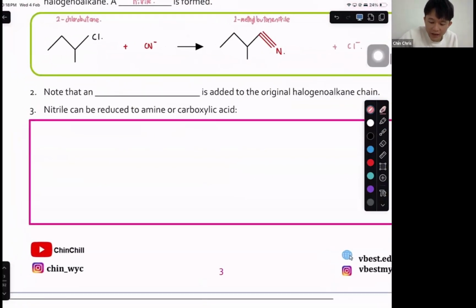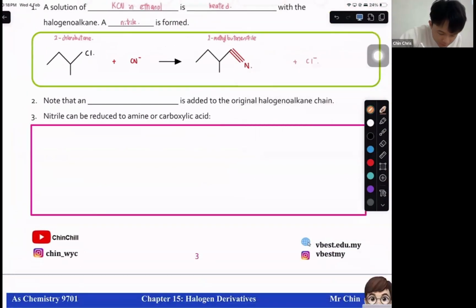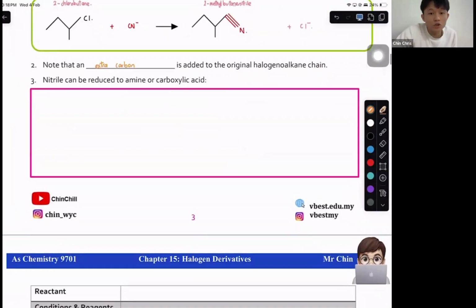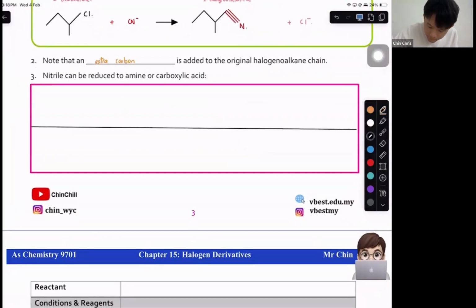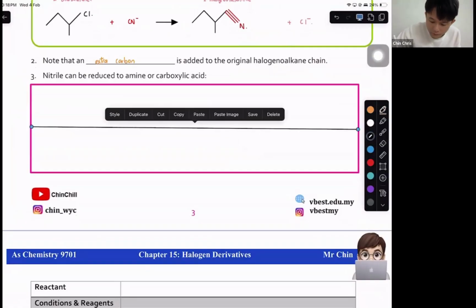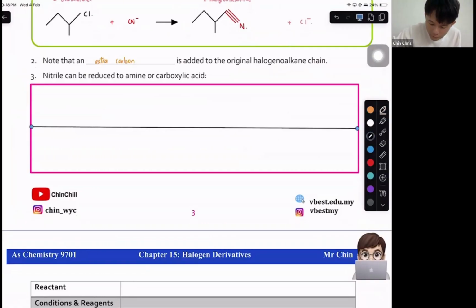Okay, so note that an extra carbon has been added to the original halogenoalkane chain. So I can split this in half.